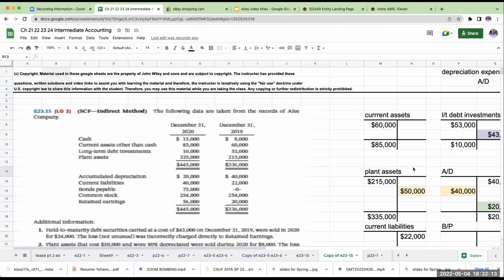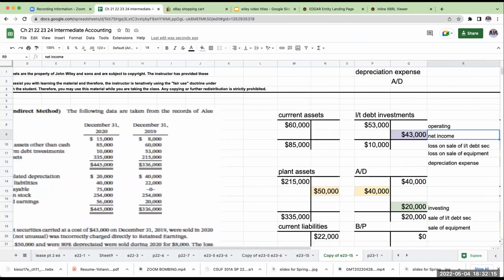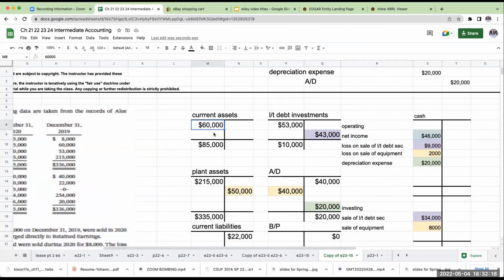Now let's analyze the rest of the accounts. My current assets went from 60 to 85, an increase of 25. I do the opposite to cash, so I'm going to credit cash over here, and I describe it by what happened in the T account. This is an increase in current assets.